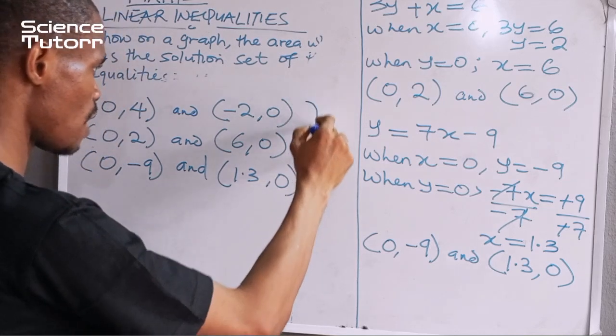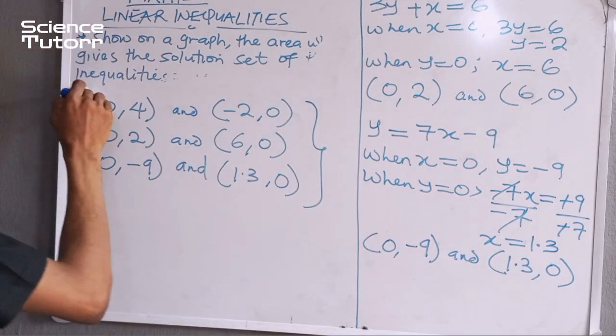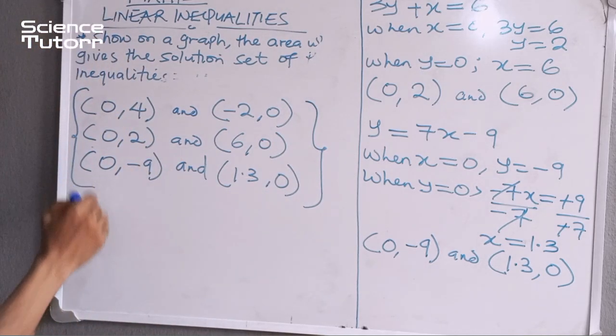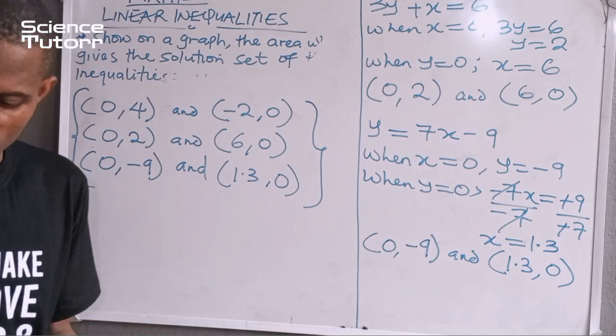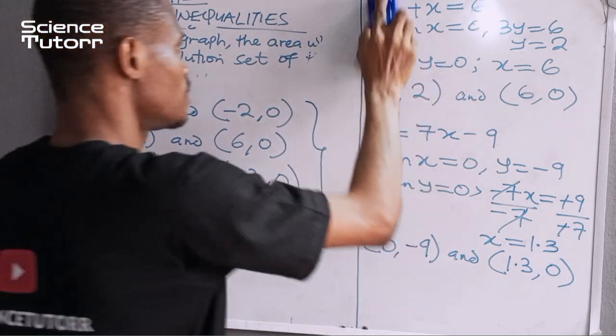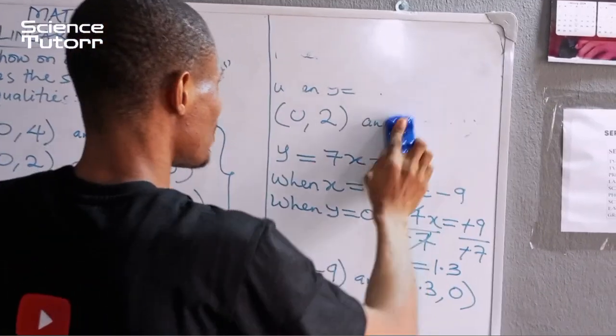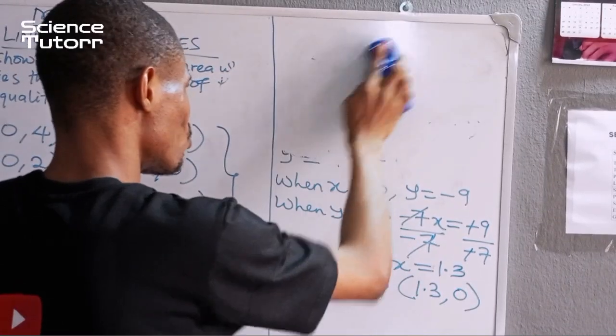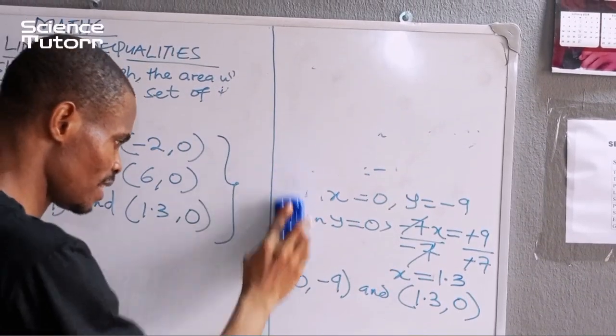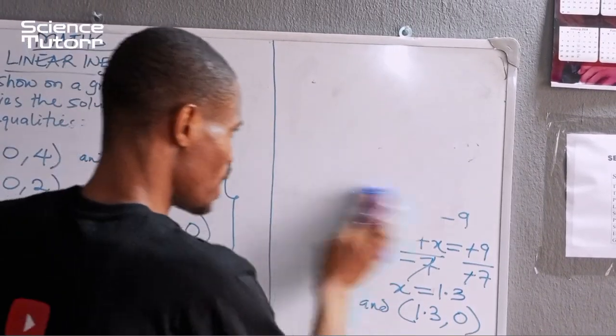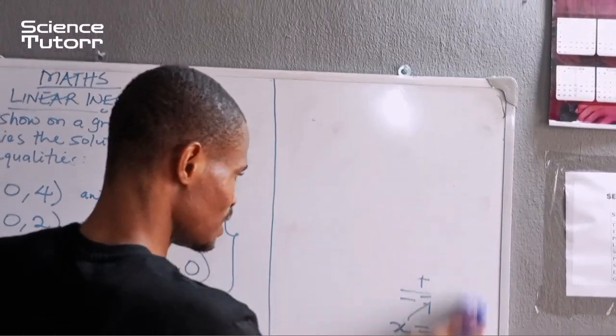So we have our points. These coordinates, we will use them to plot the graph, so that we can tell the region of solution, where the inequality is satisfied.